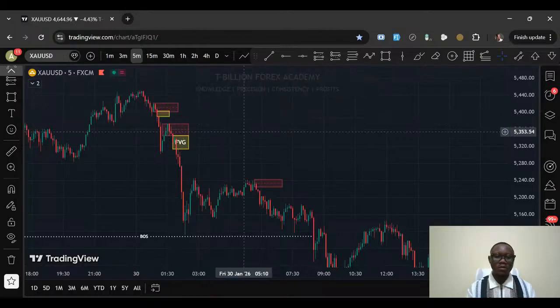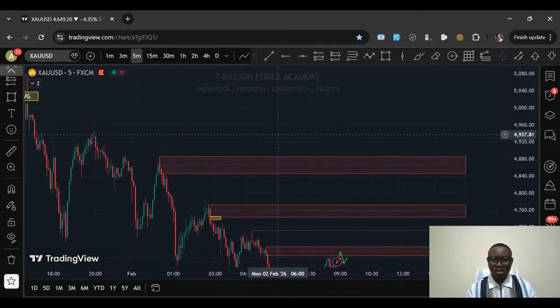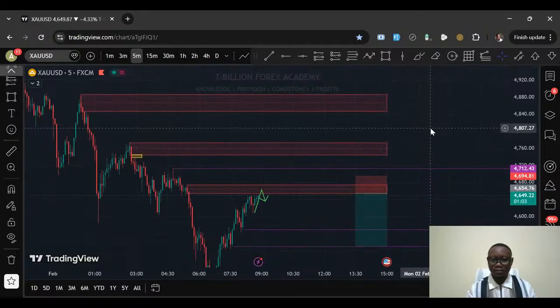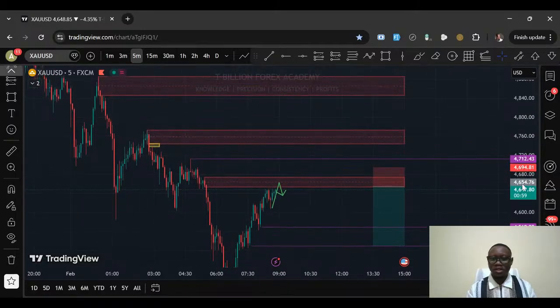Let's minimize it small. All right, so let's just focus on recent price action, which is this. Okay, so this is what we're anticipating.